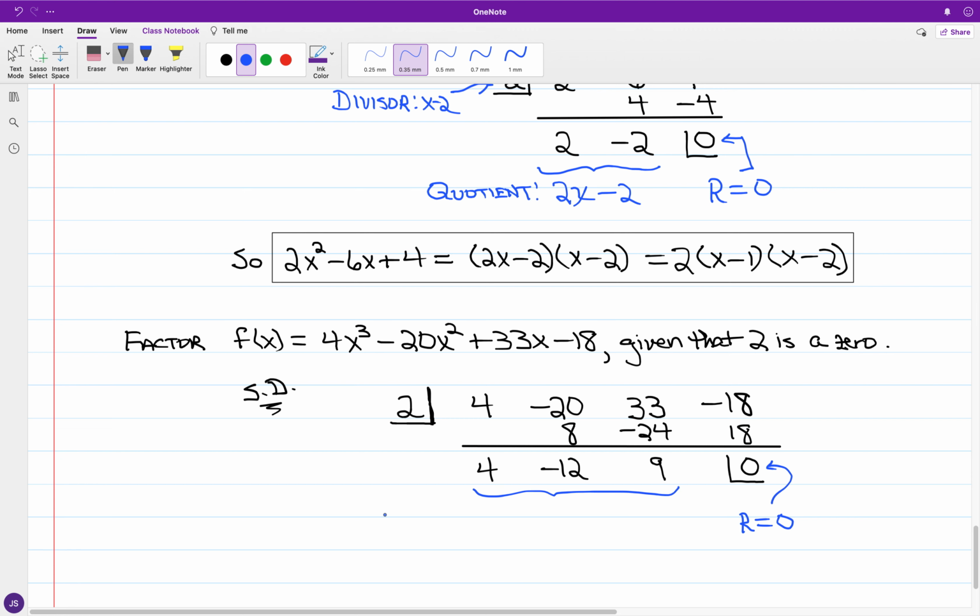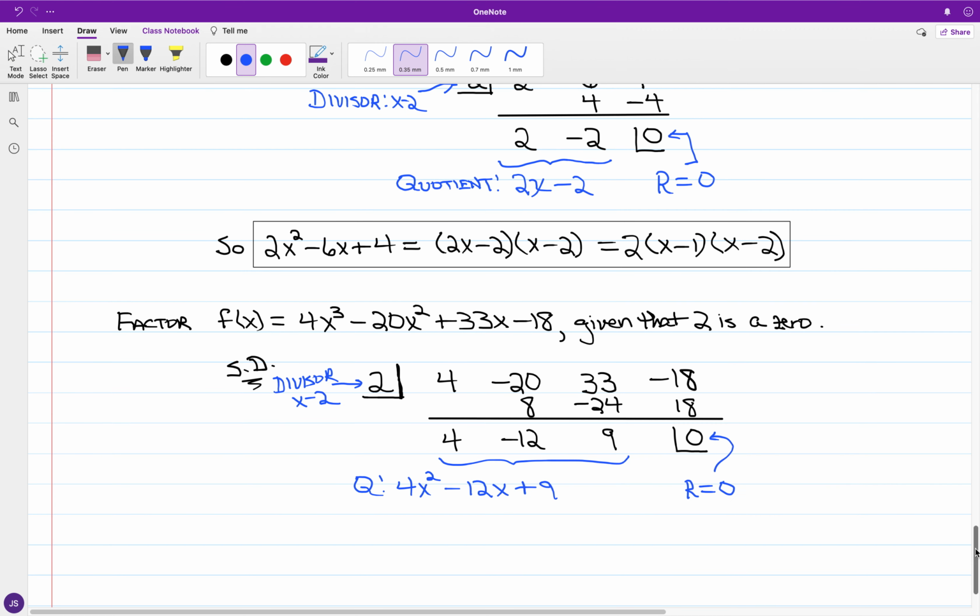In the case of the quotient, the 4 at the front was in reference to x cubed, but with it brought down, this will be in reference to x squared. So you have 4x squared minus 12x plus 9. With 2 as a 0, the divisor is x minus 2.